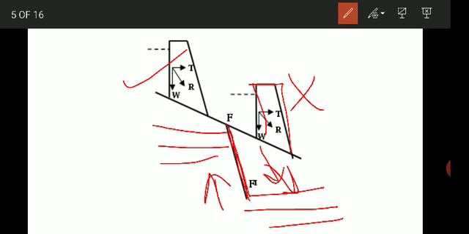So if we construct a dam here, there are chances that this again undergoes sliding. And one more problem is, along the fracture, the water which is stored in the reservoir will seep through that crack and again it will be dangerous.